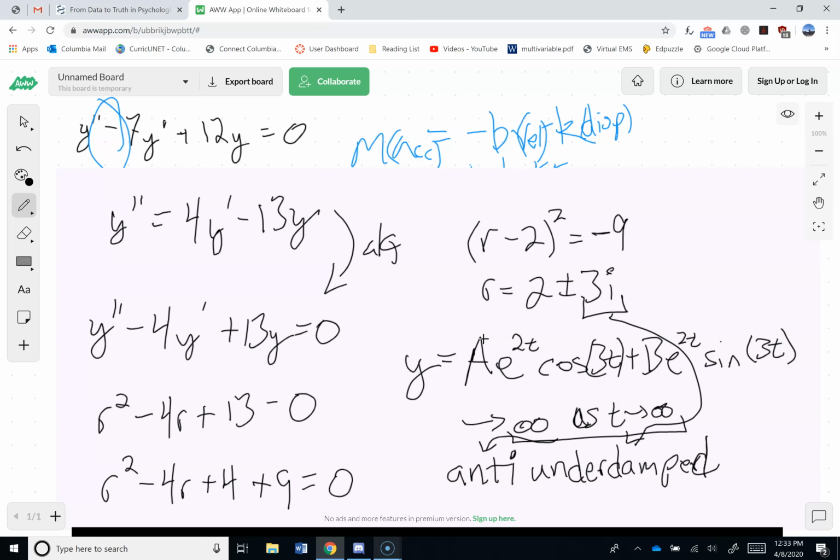Yeah, so the distinction there is that an overdamped system does something like this. Okay. And an underdamped system does something like this. It's like the waves just keep getting smaller and smaller.